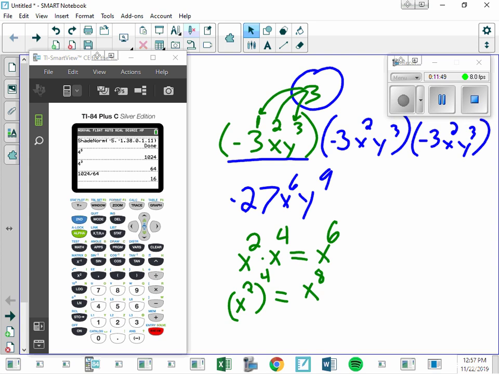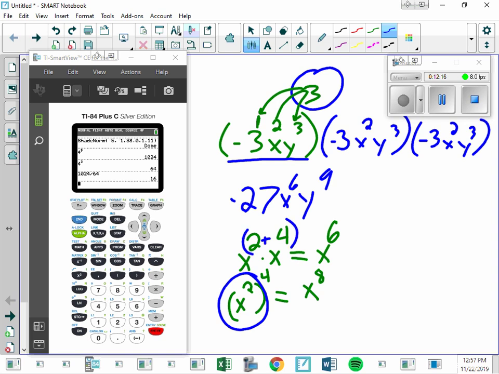But x squared to the 4th means I have 4 copies of that. And if I wrote out x squared, x squared, x squared, and x squared, that would be x to the 8th. So multiplying bases adds exponents. Raising an exponent to an exponent multiplies the exponents. So here I do 2 plus 4, and here I do 2 times 4. Do you guys understand the difference?